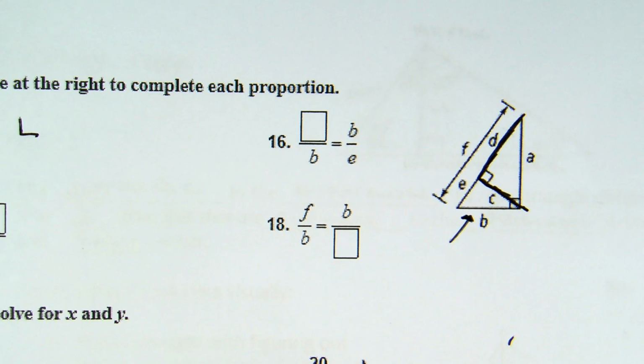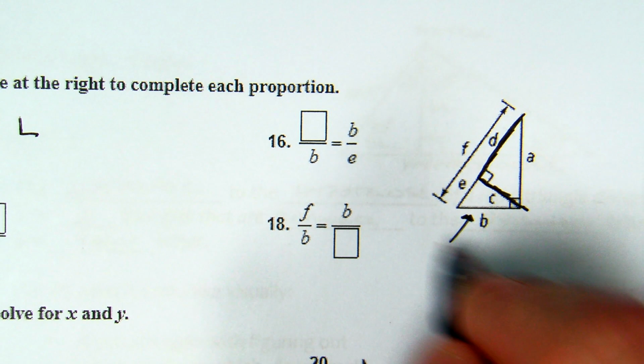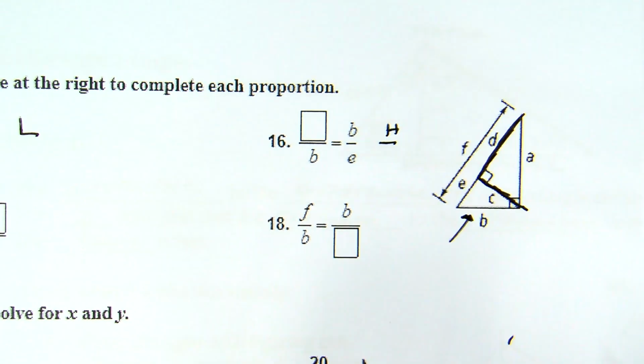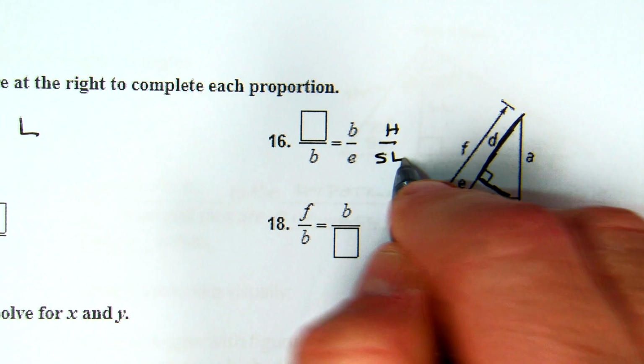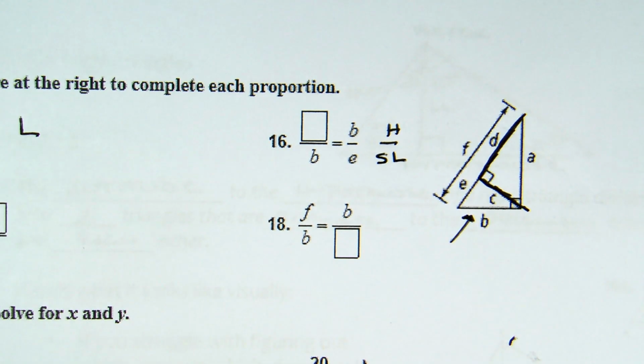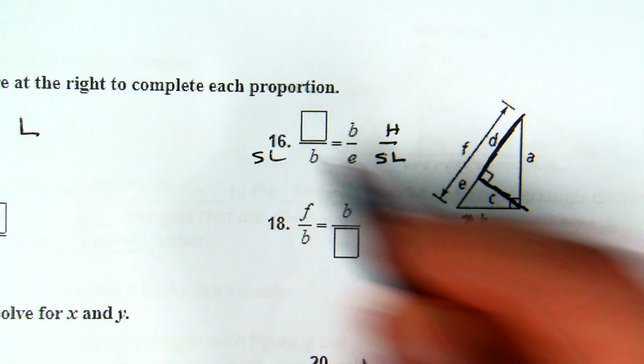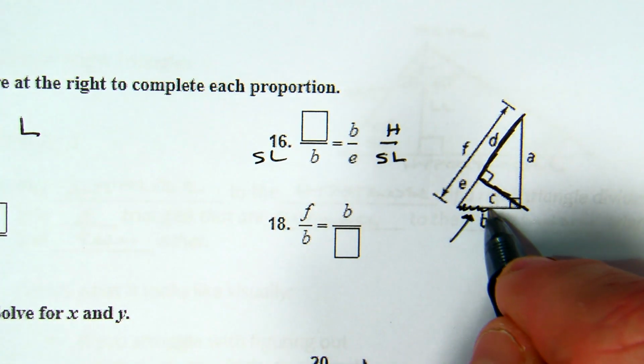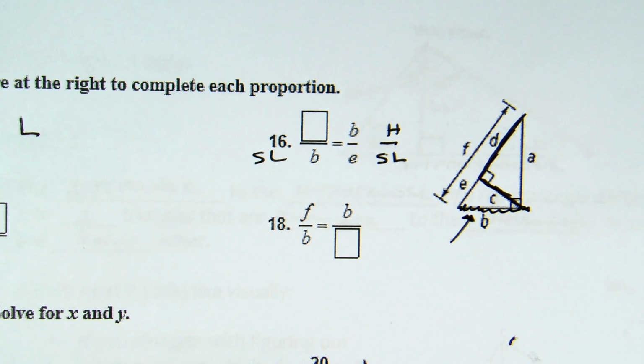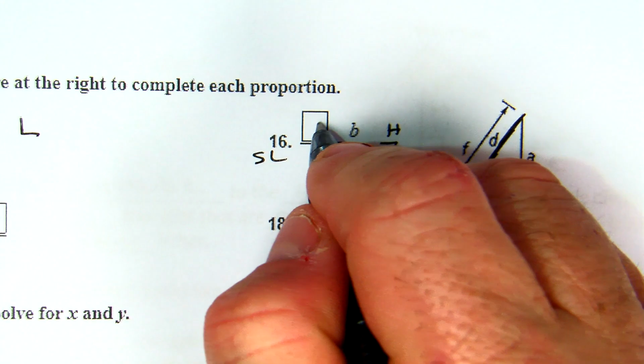For the first time, B in that triangle is the what? Hypotenuse. So I got hypotenuse over E, which is the what? Short leg. So now I see B is the short leg here. Where B is the short leg, what is the hypotenuse of that triangle? F.